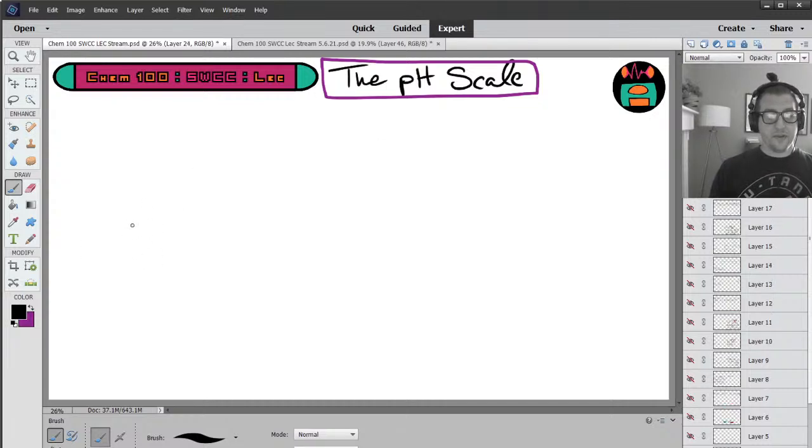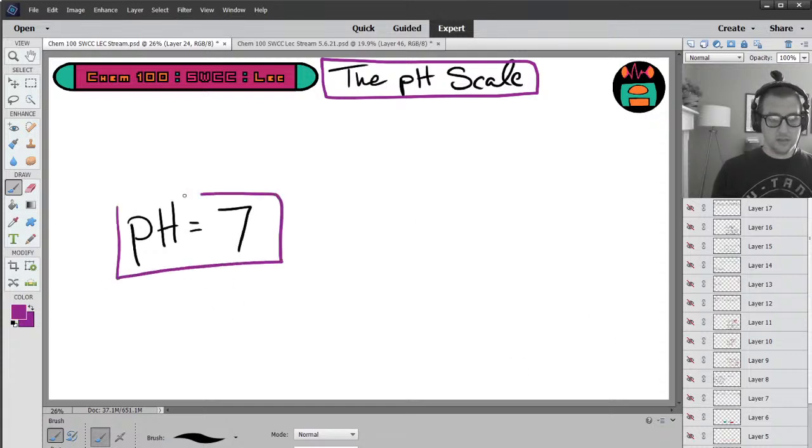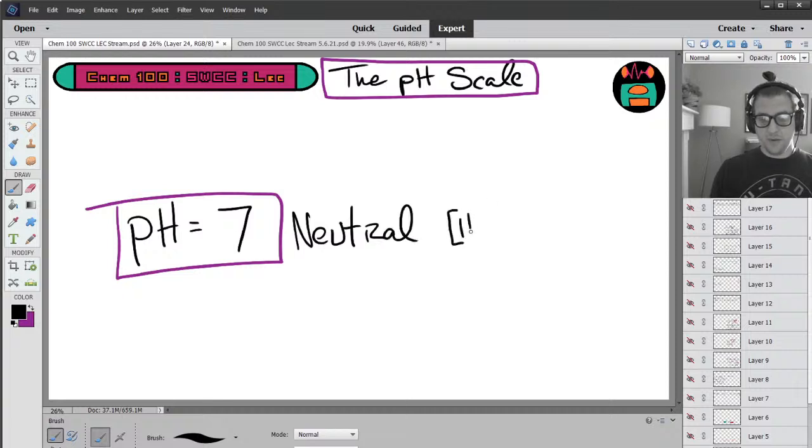When you have pH 7, this is neutral, which means the amount of acid in solution is equal to the amount of base.